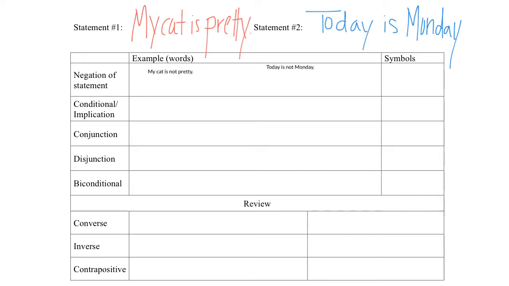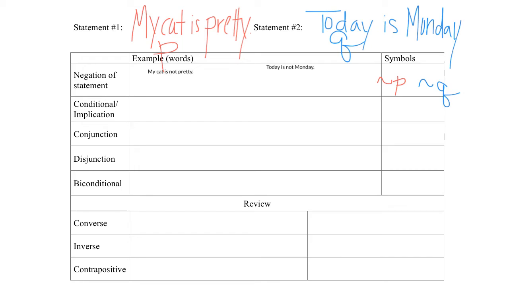For the symbols, if we called my cat is pretty P, then my cat is not pretty would be not P, which is just that tilde symbol in the front, meaning not. If today is Monday is Q, then the symbol for that would just be not Q. And then don't forget, if there was the word not in the original, if it had said today is not Monday, then the negation would just be today is Monday, and it would still be not Q for that.